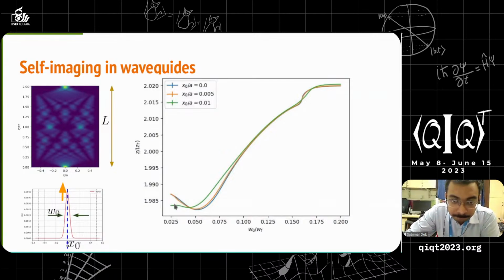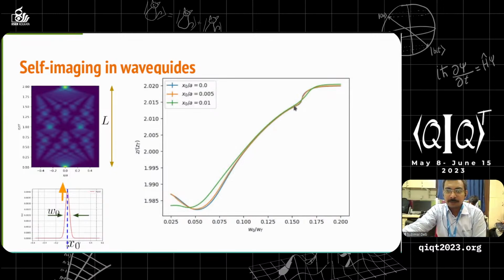And the curve in blue shows a variation of the self-imaging distance with the width of the input beam. The width of the input beam has been scaled by the width of the fundamental mode. The fundamental mode is a cosine, half the cosine function from 0 to pi. So WF is the full width at half maxima for that cosine, and you get a curve which shows a smooth variation.